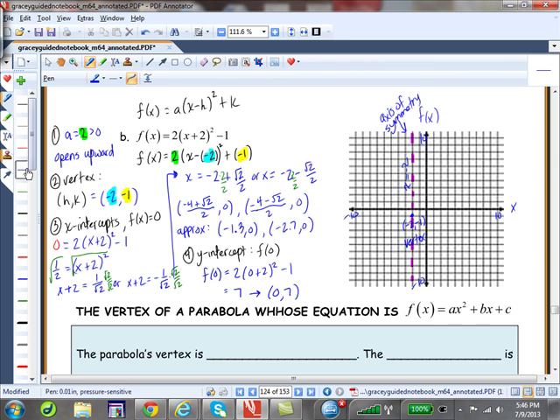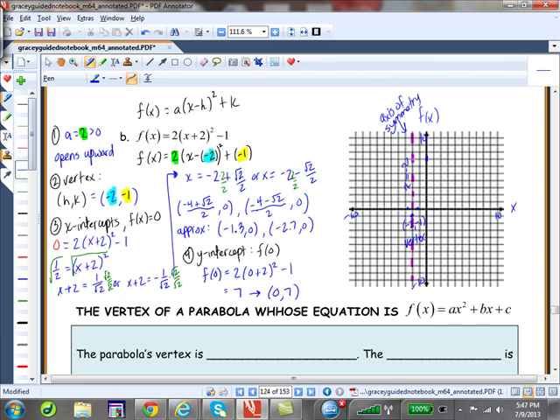And then let's graph some of our other ordered pairs. Our x-intercepts, we've got one at negative 1.3, comma 0. So there's negative 1, probably about here. And then negative 2.7, about here. And then we had our y-intercept. And so our y-intercept is going to be at 0, 7. 1, 2, 3, 4, 5, 6, 7.